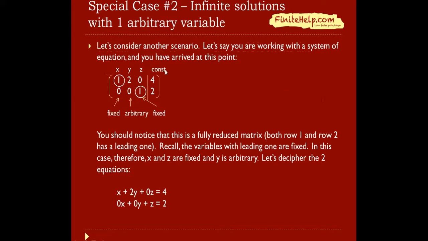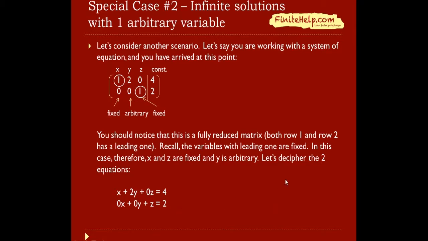Another special case is you can have infinite solutions with only one arbitrary variable. So let's look at this system, which is already fully row reduced. Again, we have the fixed variables being the variables with the leading ones in the column, and the arbitrary variable being the column without a leading one. So here x and z are fixed and y is arbitrary.